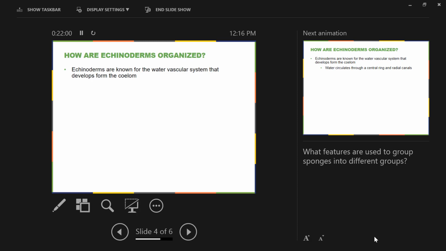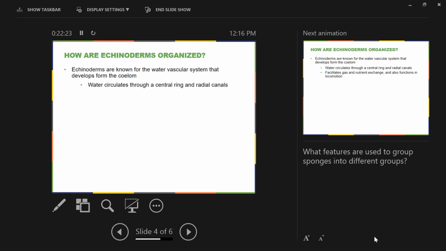And these are true coelomates, meaning what lines that cavity on both sides? Mesoderm. Meaning you can build a very sophisticated cavity with really sophisticated connective tissues and muscle tissues and all sorts of specialized tissues on either side of the cavity. In echinoderms, that cavity develops into the water vascular system.